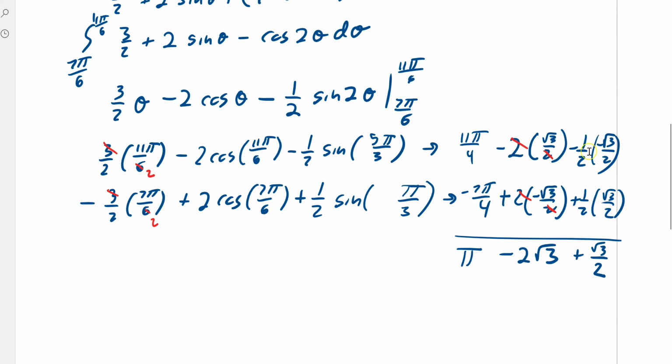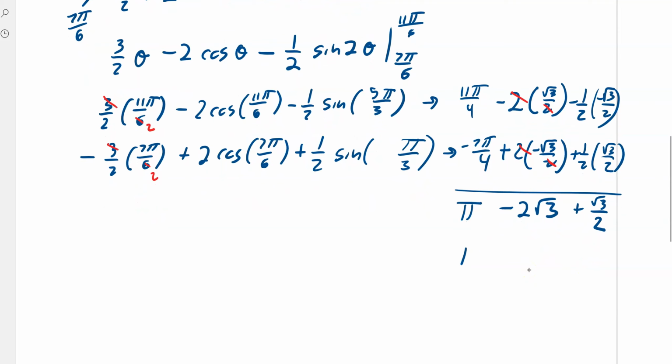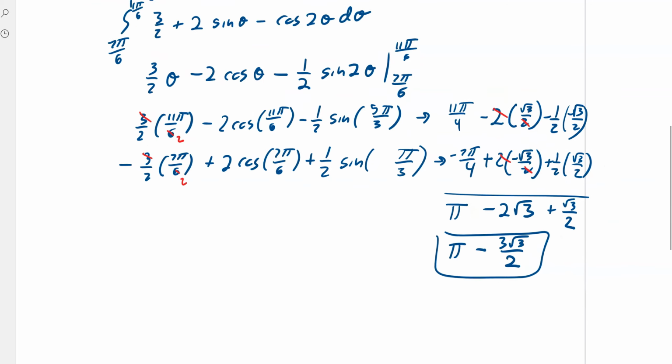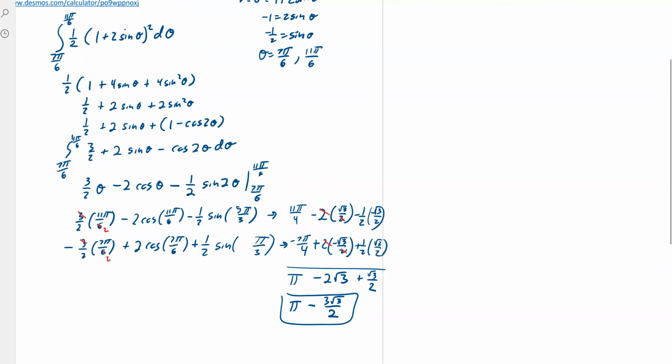Sorry, 1 plus 1 is 2, 2 over 4. Okay. So now we put these together. That's a half and a negative 2. So pi minus 3 rad 3 over 2. And there's our answer, I hope. Let's go back now and check. That's a lot of little errors.